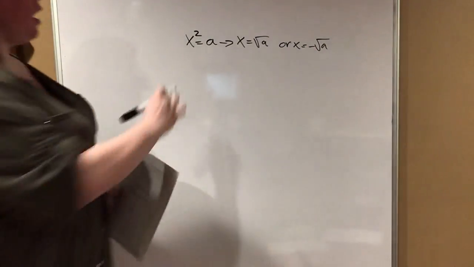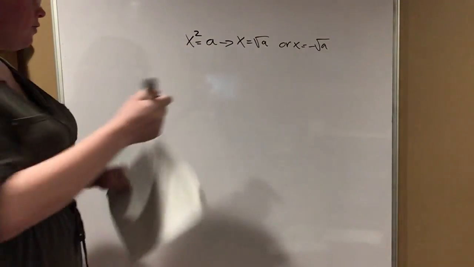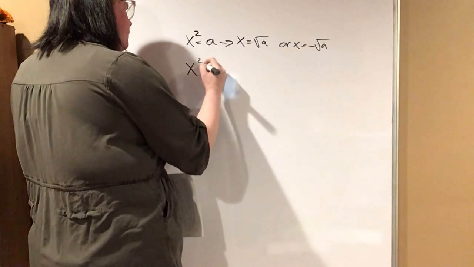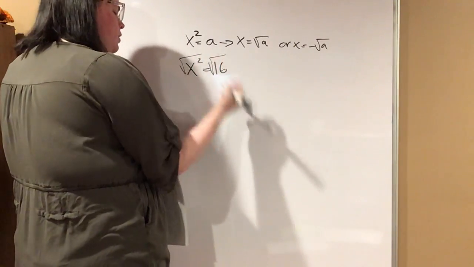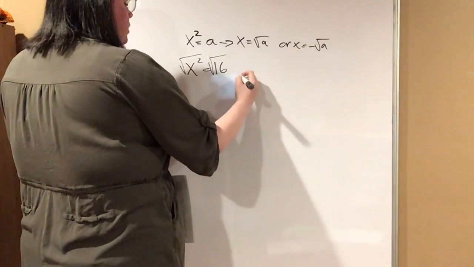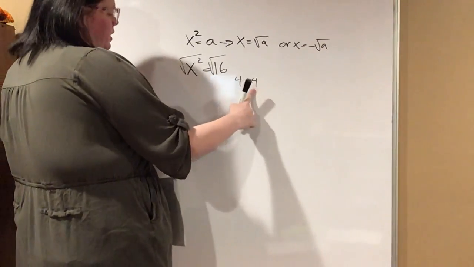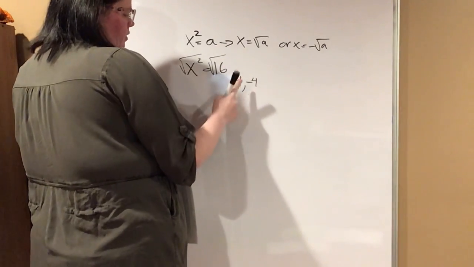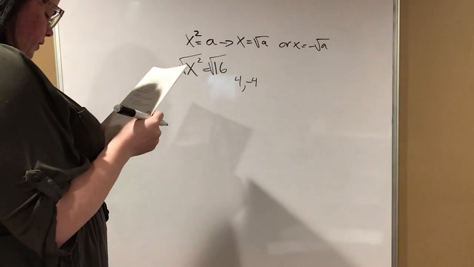Because you can do the opposite to get to the square root, right? So if we're given x squared equals 16, take the square root, there's actually two answers, because it's 4 and negative 4. Negative 4 times negative 4 is 16. 4 times 4 is 16. Simple stuff here.